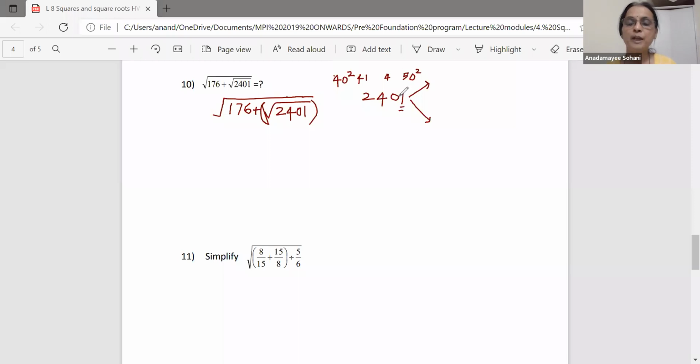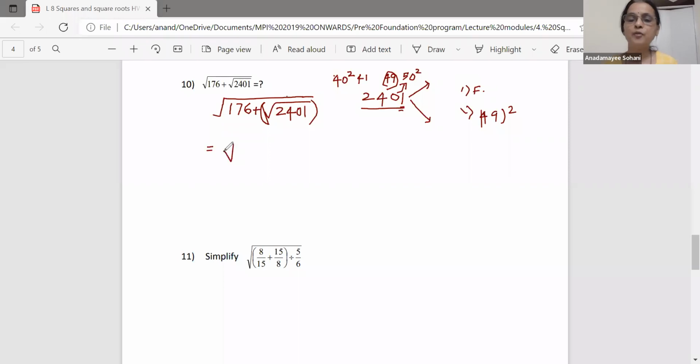And I can see that 2401 is very close to 50 square, so I take it as 49 square. I want you to confirm it in three ways. First, do the factorization method. Second, find 49 square by our shortcut technique, just as practice, and confirm that 2401 is 49 square.